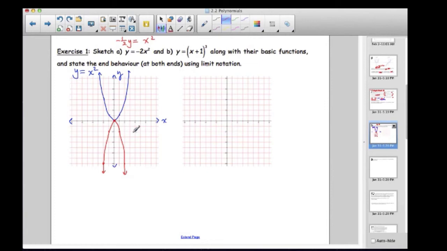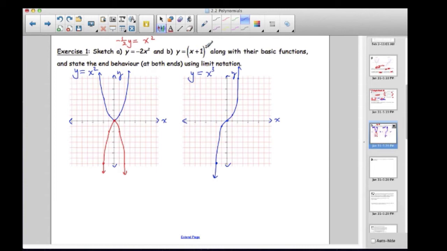Okay, so there is our transformed y equals x squared to get the power function y equals -2x squared. And if we start off with the basic parent function y equals x cubed, that parent function looks like this. We go (2, 8), (-1, -1), (-2, -8). And so there is our parent cubing function.